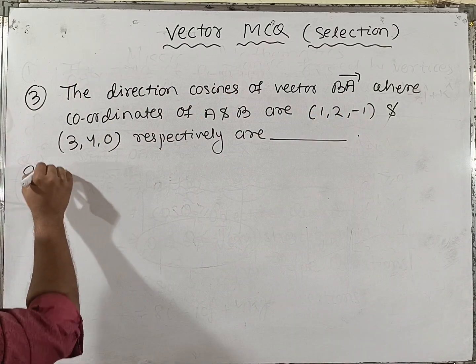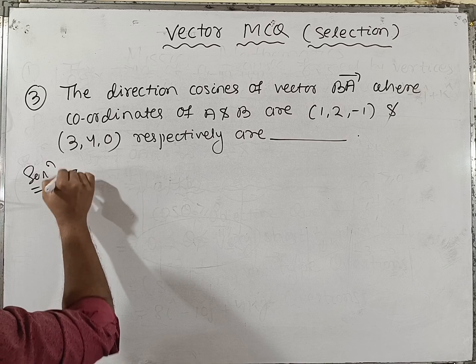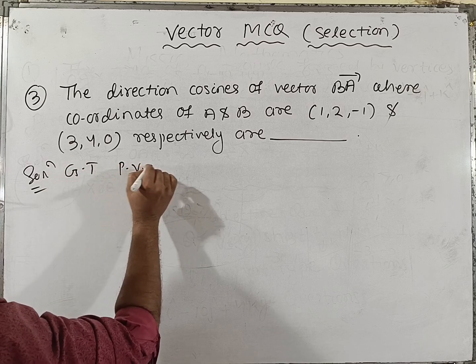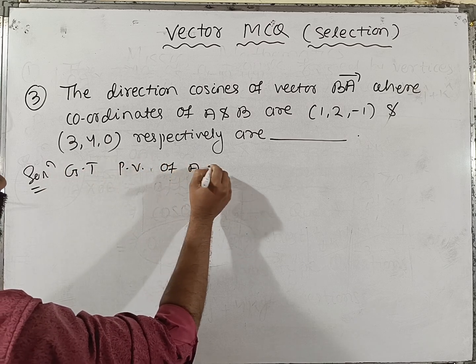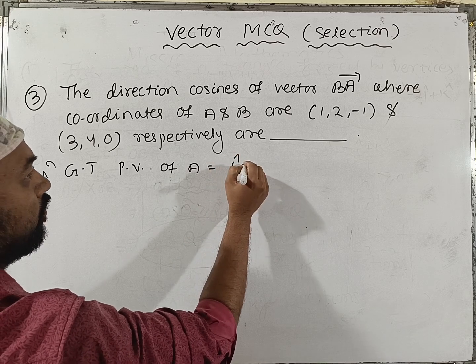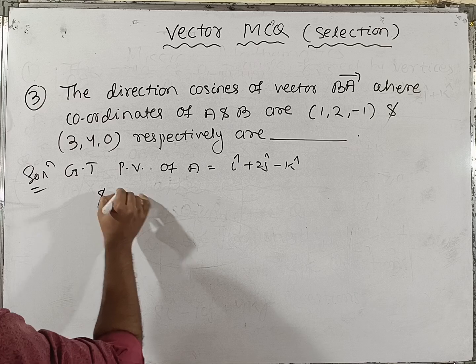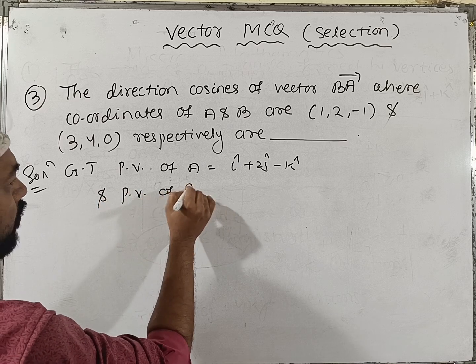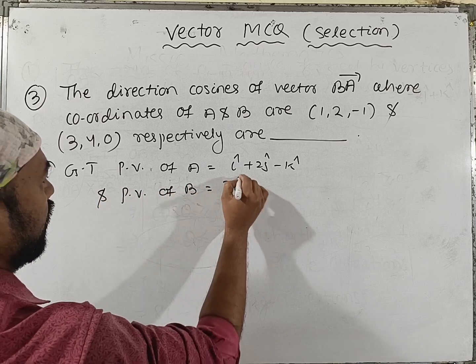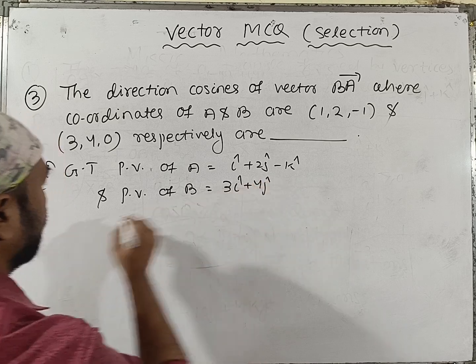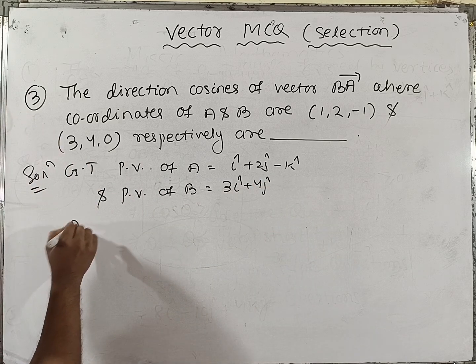First of all, given that the position vector of A is i cap plus 2j cap minus k cap, and the position vector of B is 3i cap plus 4j cap. So we have to find out the BA vector.